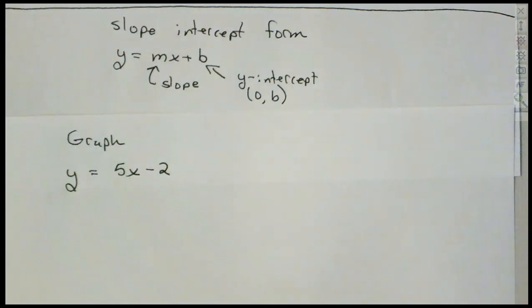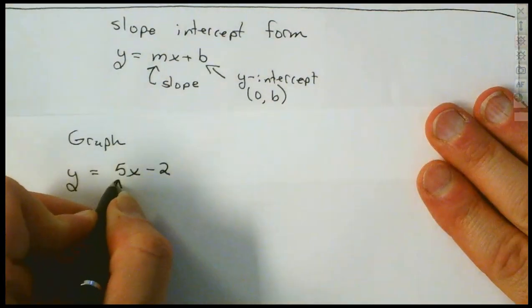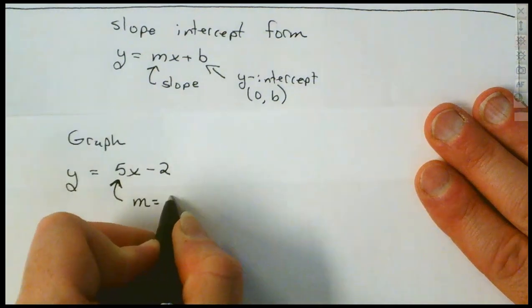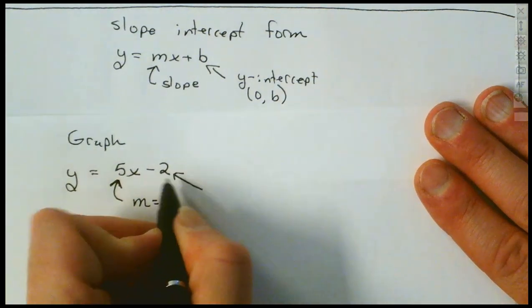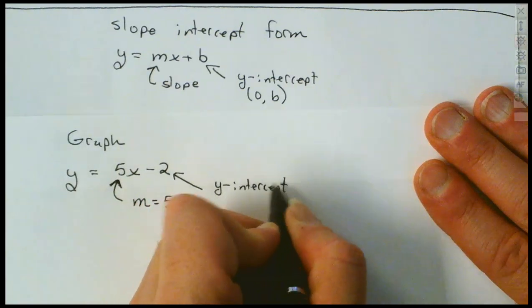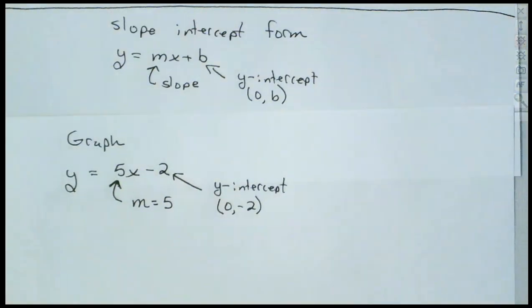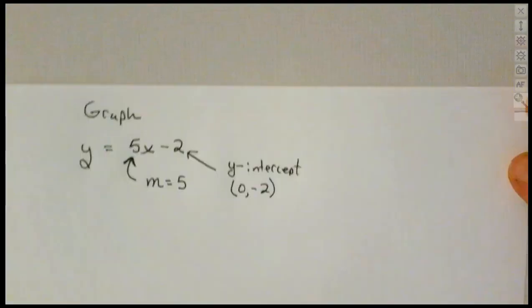We can get the point and the slope from our equation. The 5 in front of the x, well, that represents your slope. So there's half of it. And the negative 2, well, that's going to be your y-intercept. And that would be then 0, comma, negative 2. Now we have what we need. We have a point and we have a slope. So now we can graph this line.